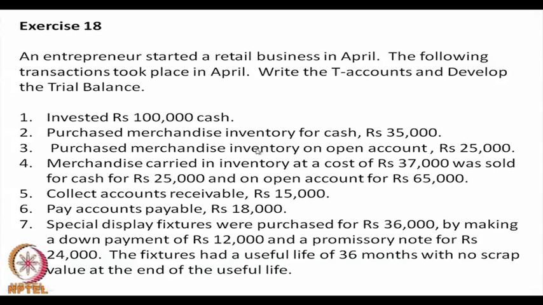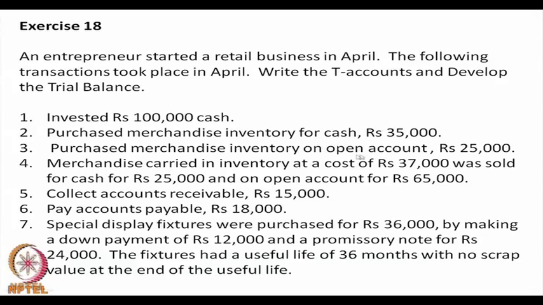This amount will be debited to inventory, the entry will be made on the left hand side, but since it is purchased on credit, we have to create a new liability account, and that is accounts payable. The company has to make a payment later, not in this month. So, a new account has to be created. The old inventory account will be there.